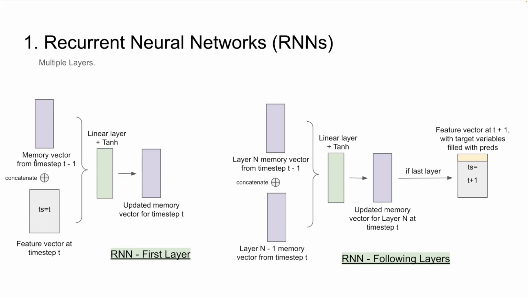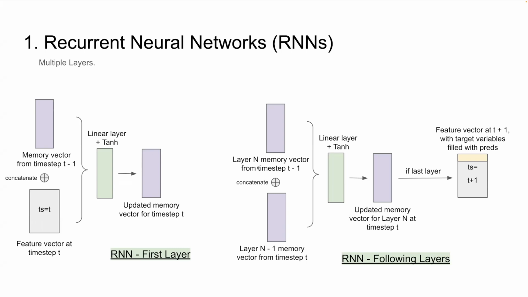If you start out with a memory vector from time step t-1, and you combine it with a feature vector from time step t, you feed it into a linear layer followed by a tanh activation function. You'll be able to update your memory vector for the current time step t.